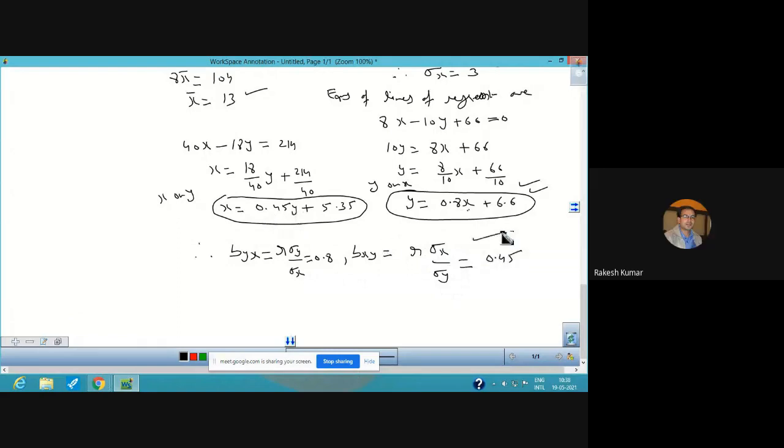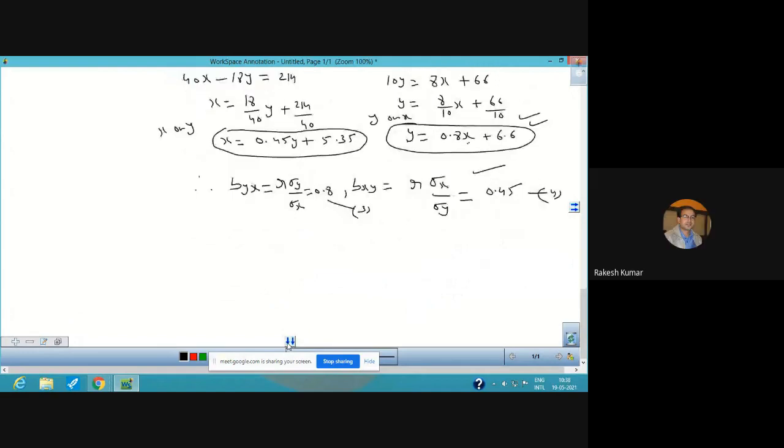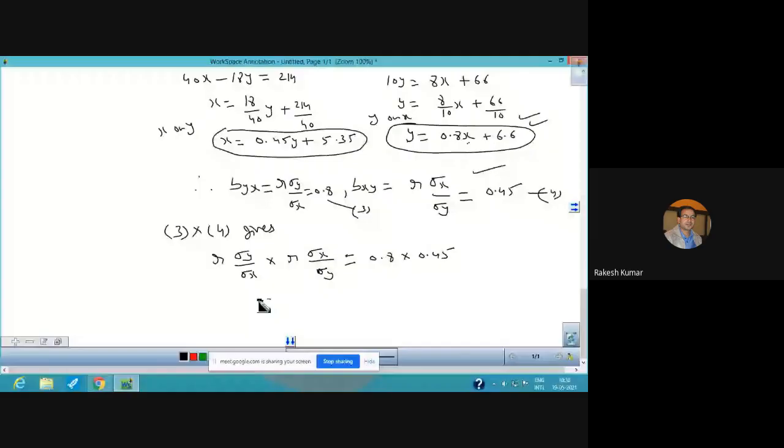This is the standard result actually. Now name it as equation number 3 and equation number 4. So multiplying 3 and 4, that is 0.8 into 0.45, here you will get r square, because sigma y will be cancelled with sigma y and sigma x will be cancelled with sigma x.